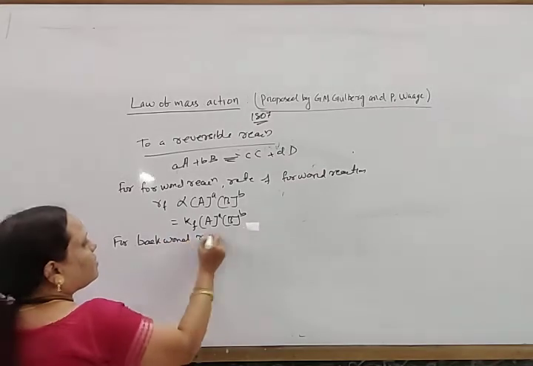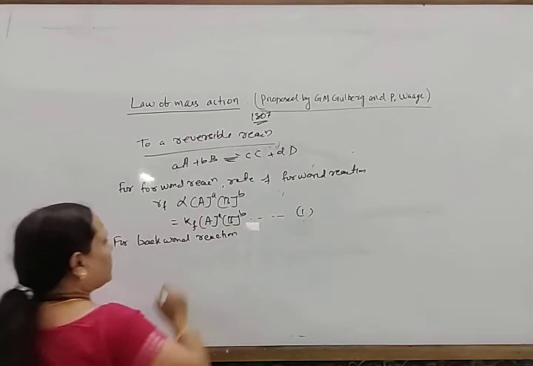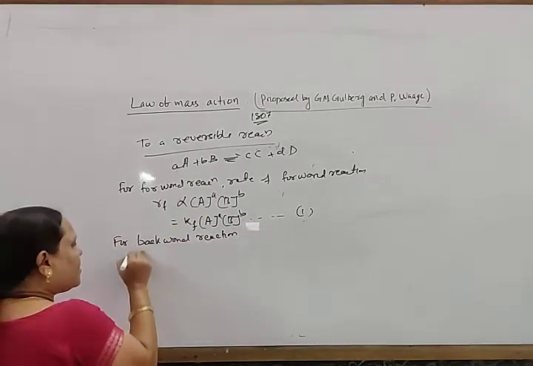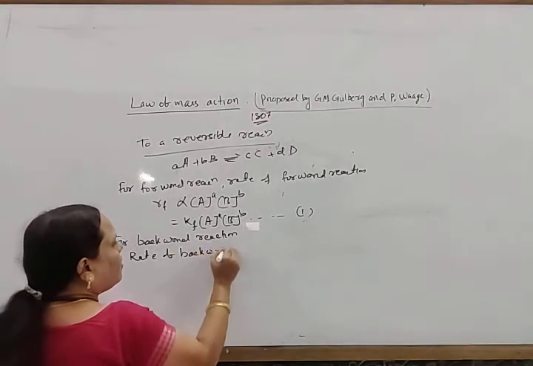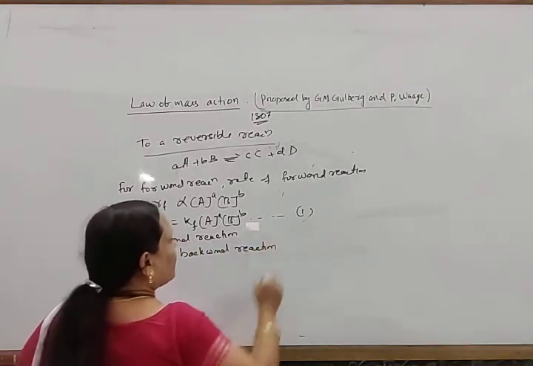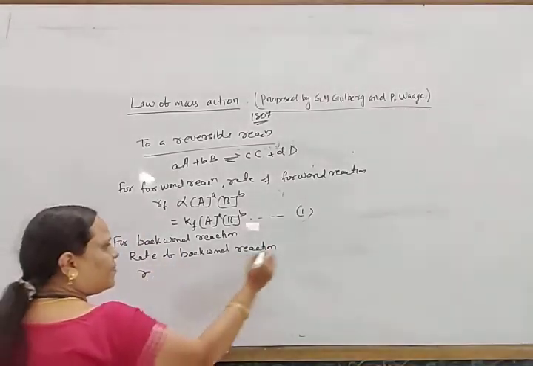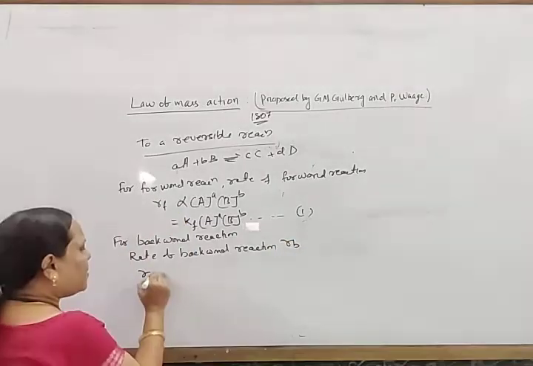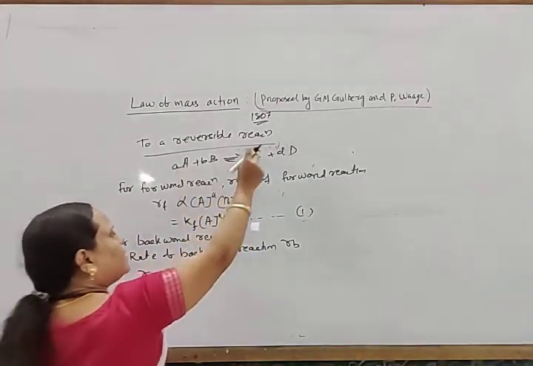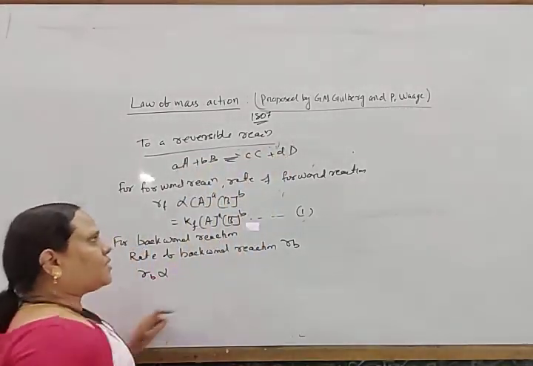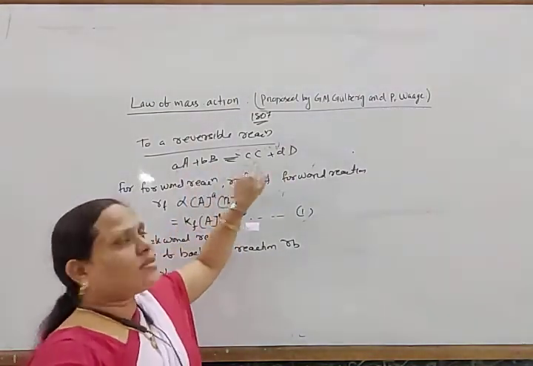Call this equation 1. Similarly, for the backward reaction, the rate of backward reaction Rb is proportional to the product of the concentrations. In the forward reaction, A and B are the reactants; in the backward reaction, C and D are the reactants.